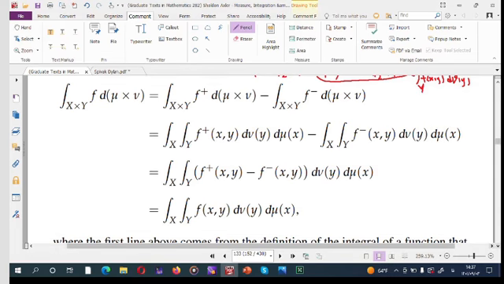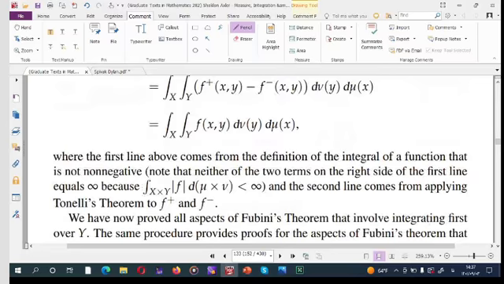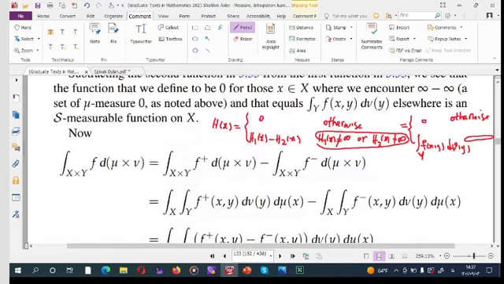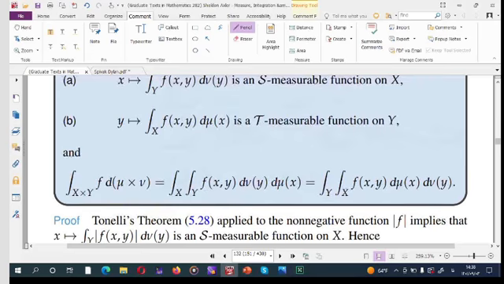Similarly the other equality in Fubini's theorem can be proved. This integral also equals the other integral, so we have this equality in Fubini's theorem.